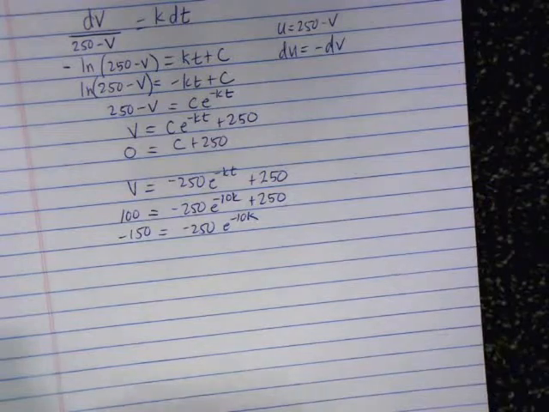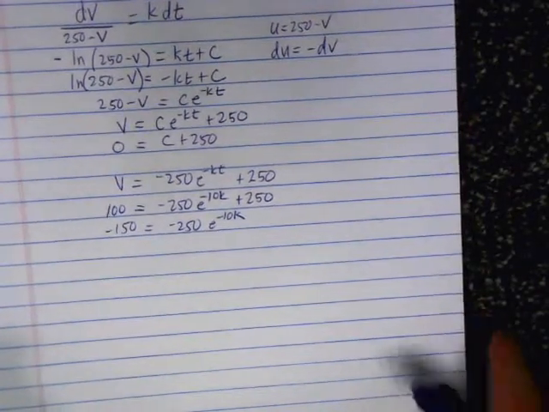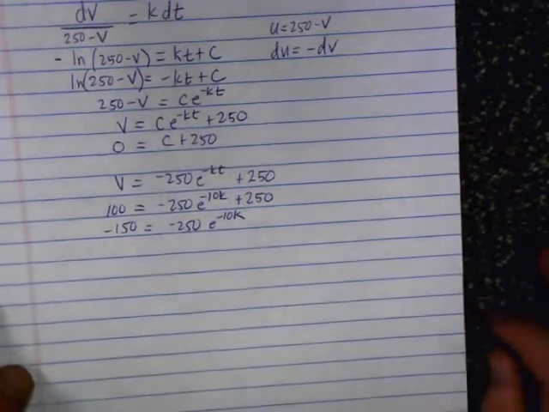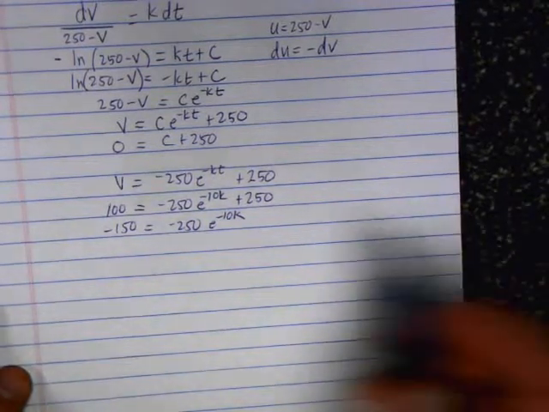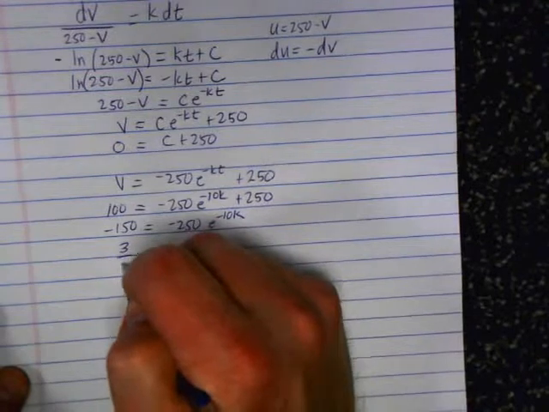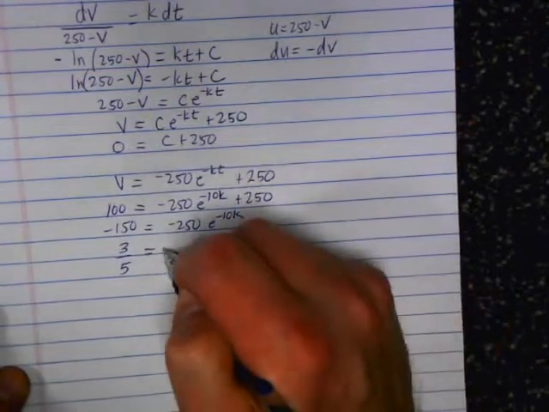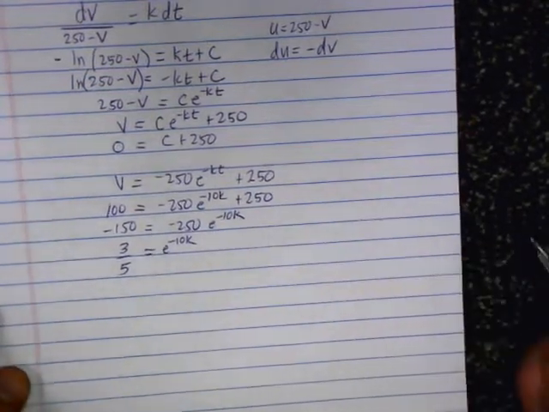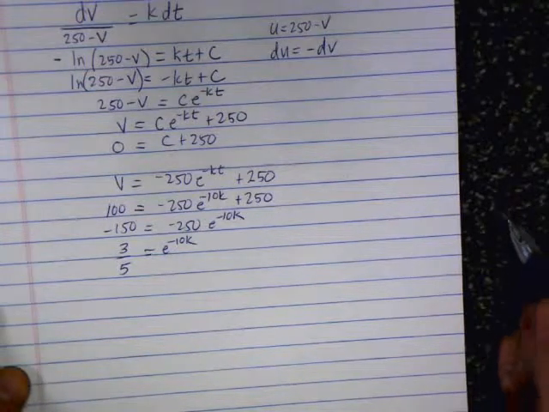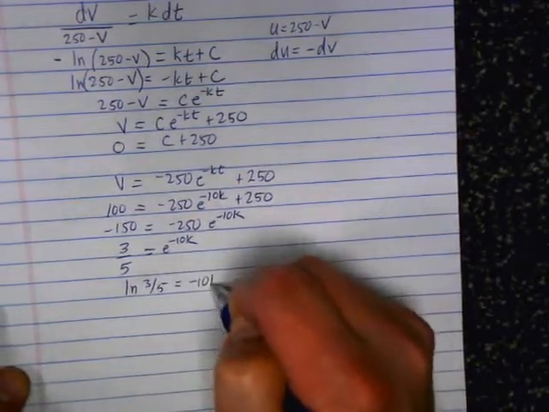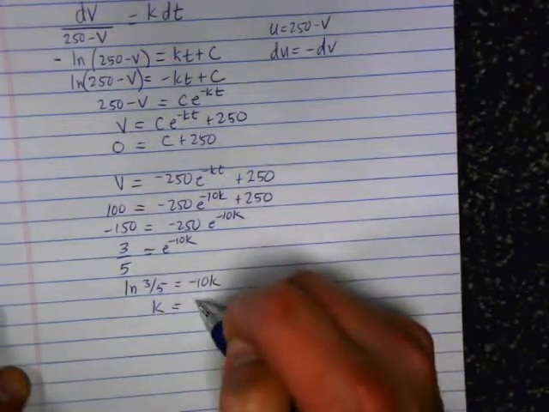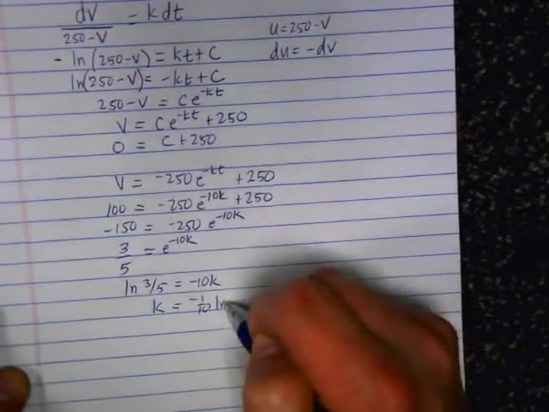The k's still there. Divide by negative 250. Let's see, that's 15 over 25. I can divide by 5, that's 3/5, equals e to the minus 10k. So ln of 3/5 is minus 10k. k is negative 1/10 ln of 3/5.